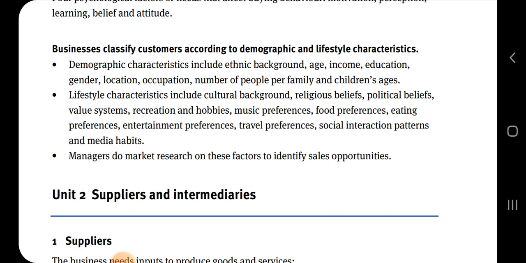So if you are trying to cater for the middle class and the lower class, you need to go to a certain part of town. But if you're looking for the high class, then you have to go in an environment that will enable the high class people to purchase because they go to that area. So that is how businesses differentiate.